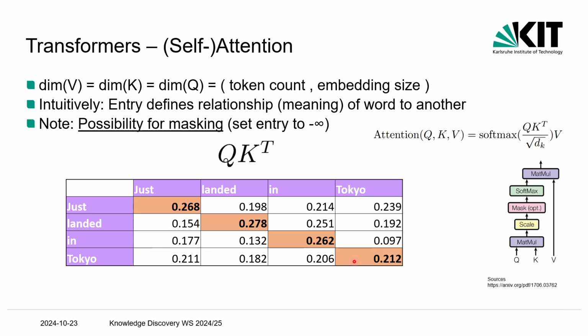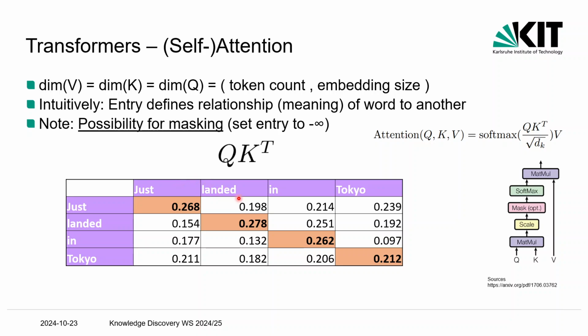We can set certain entries to -infinity if we don't want them to appear later on in the weighting of the other entries. For instance, we say that we do not want the later parts of a sentence to affect the prior parts of a sentence. How would you do that? Well, in practice, we'll just be setting everything above the diagonal to -infinity.